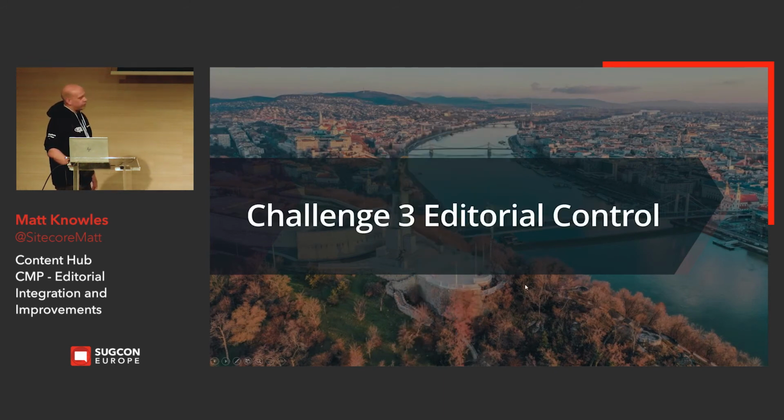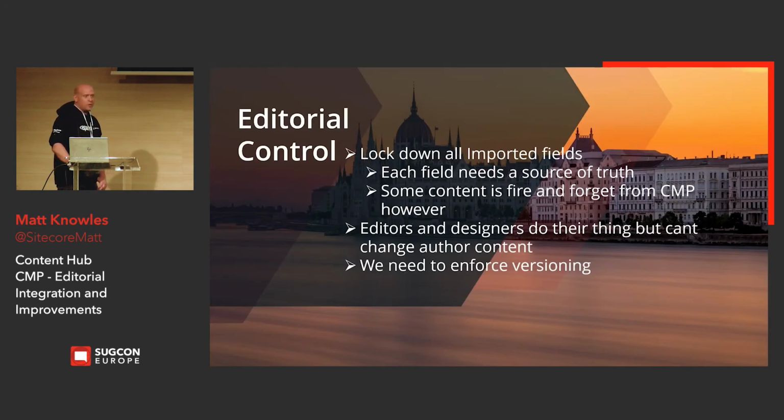Next off, we have editorial control. So when we bring things across, the data that's come from CMP is still owned by the author in CMP. This should not be changed by anyone on the XP side of things. So we need to lock those down.